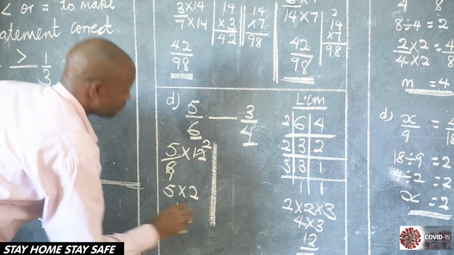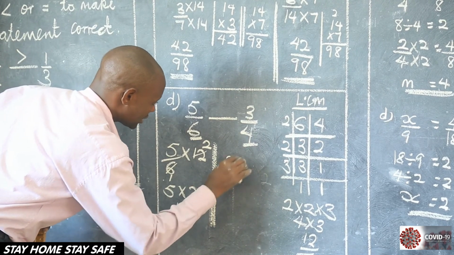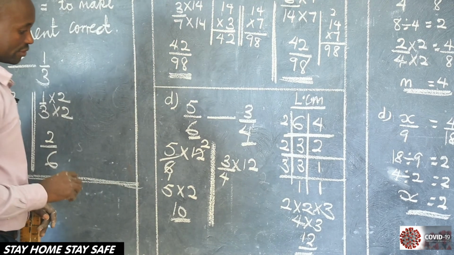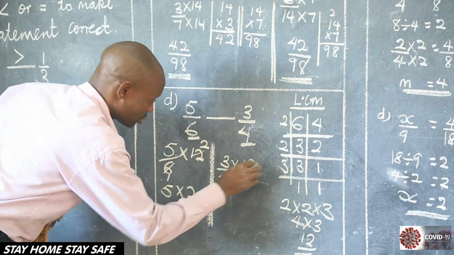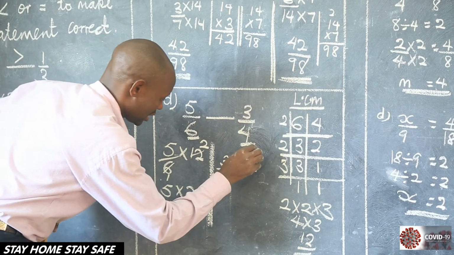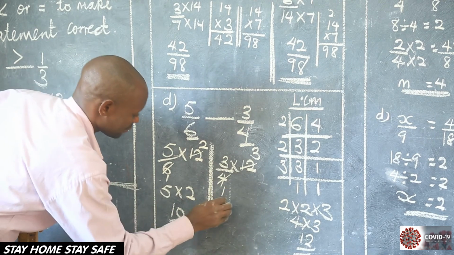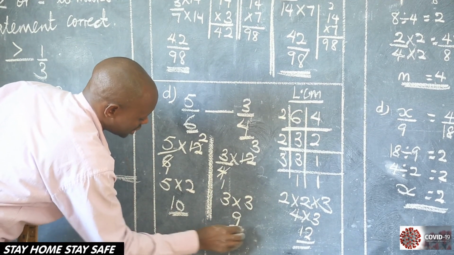The same shall be done on 3 quarters. So 3 quarters times the LCM, and the LCM is 12. Divide by 4, 1. 4 goes into 12 how many times? That is 3 times. So it is 3 times 3, and 3 times 3 we shall get 9.